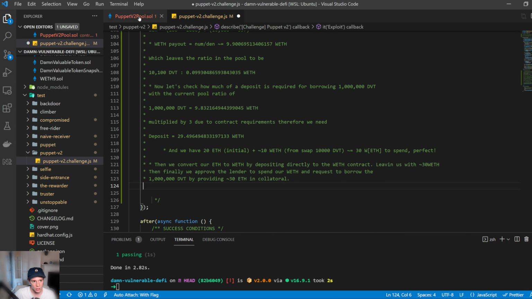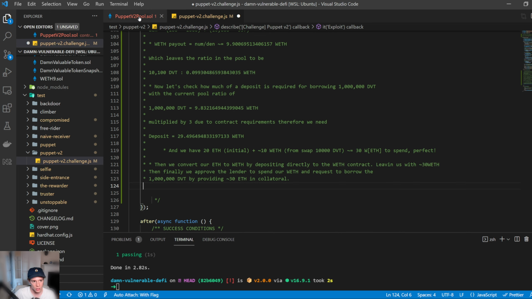The next thing that we need to do is swap that 10,000 DVT for WETH. So we want to transfer exactly 10,000 tokens. From our calculations, we want a minimum of 9 WETH in return. The token addresses are what we're passing to say, this is a token you need to look at, this is the token you need to look at, can you please translate them.